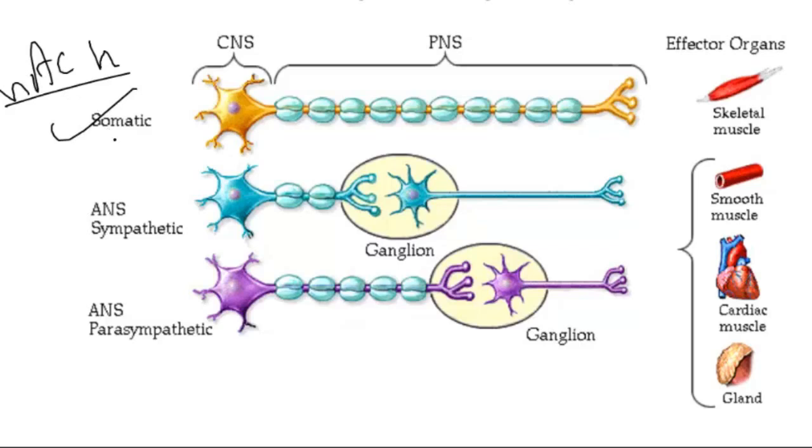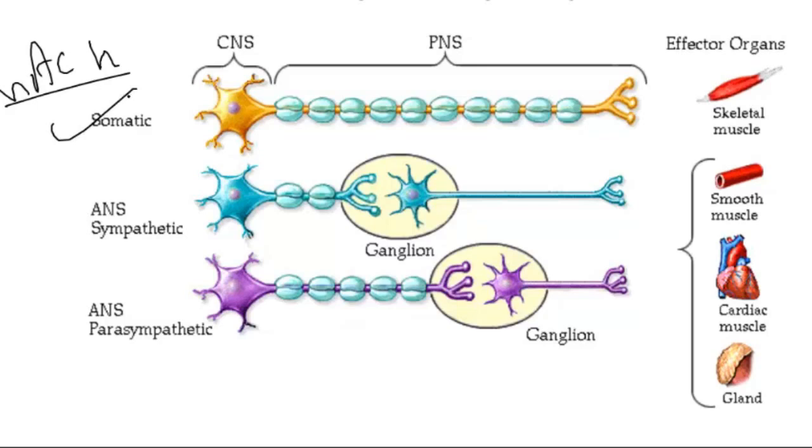The first of the two neurons in the sympathetic chain, the preganglionic neuron, is cholinergic. In the parasympathetic chain, the preganglionic neuron is also cholinergic. The second neuron, or postganglionic neuron, in both the sympathetic and parasympathetic chain has these NACH receptors.